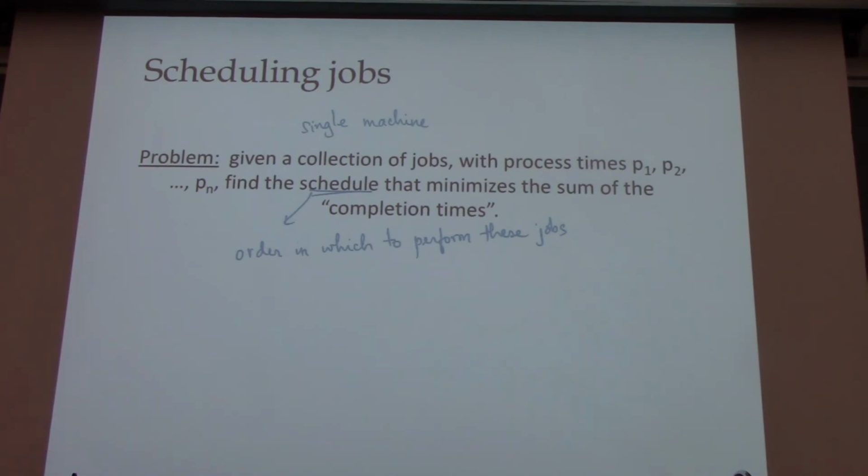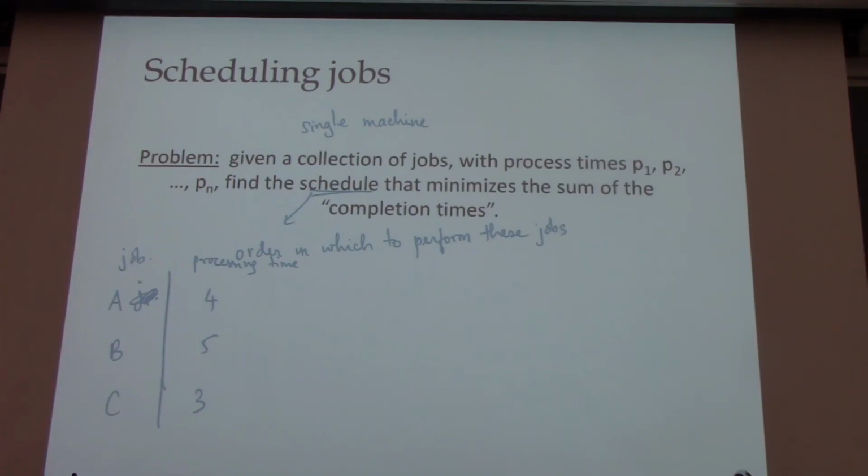So what is a completion time? Let's take a very simple example. Let's write down jobs and processing times. Let's call this A, and the processing time for B is 5.